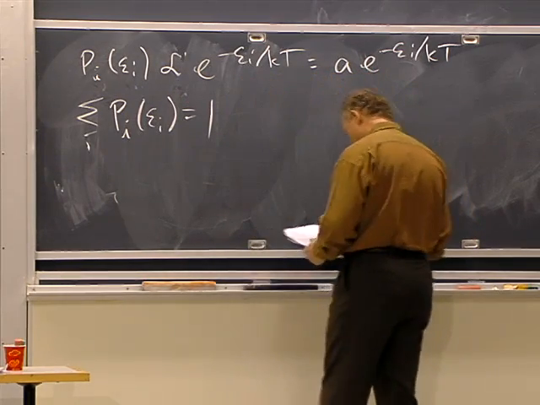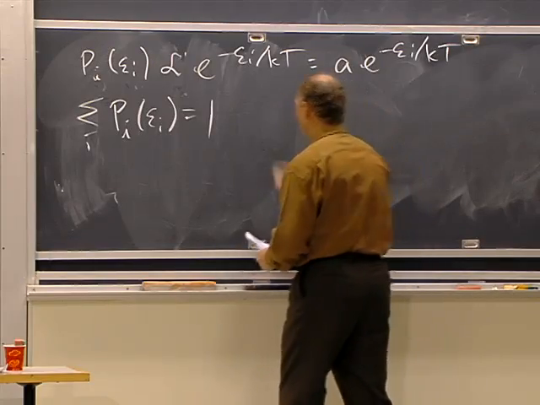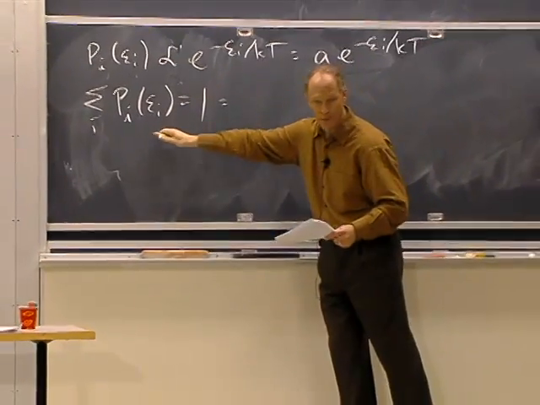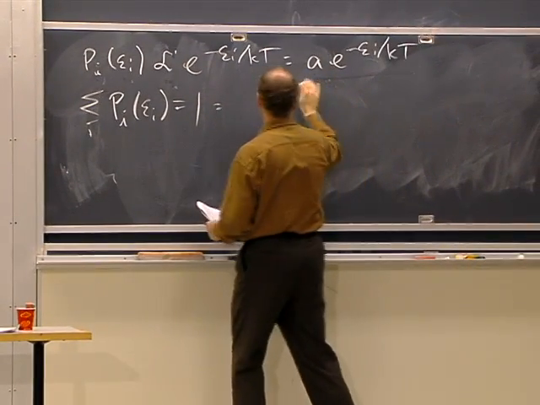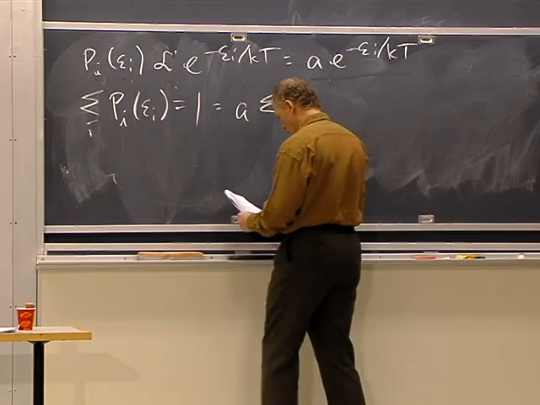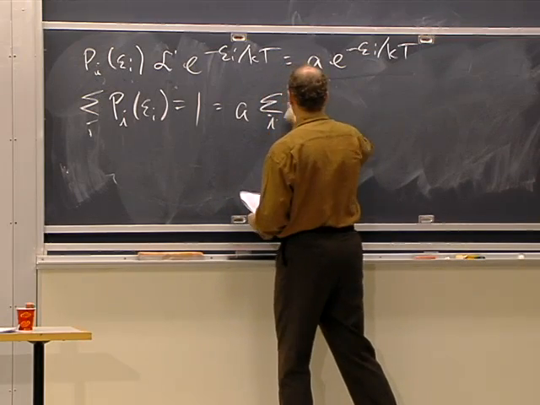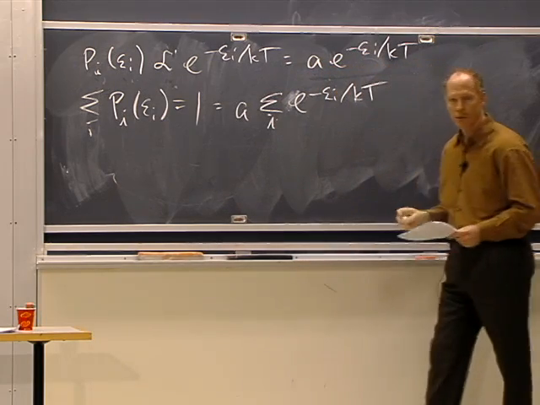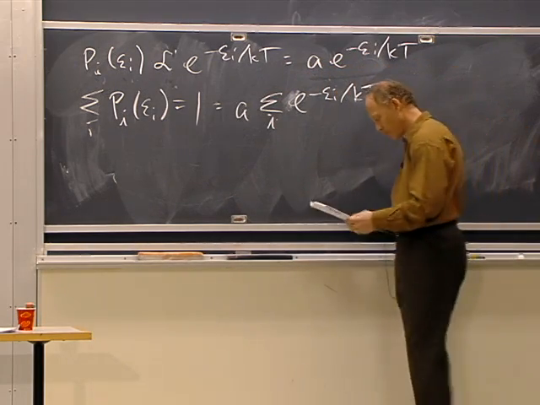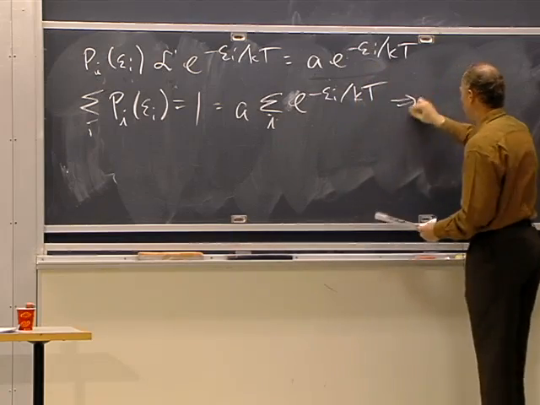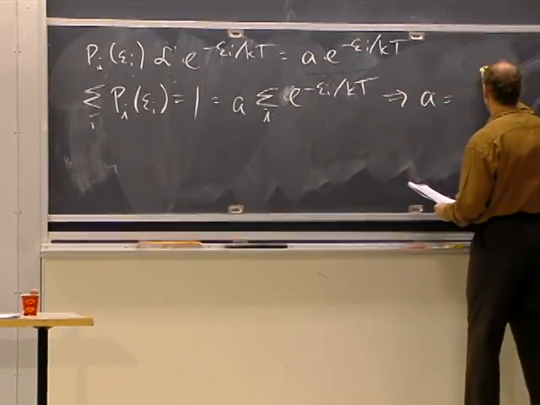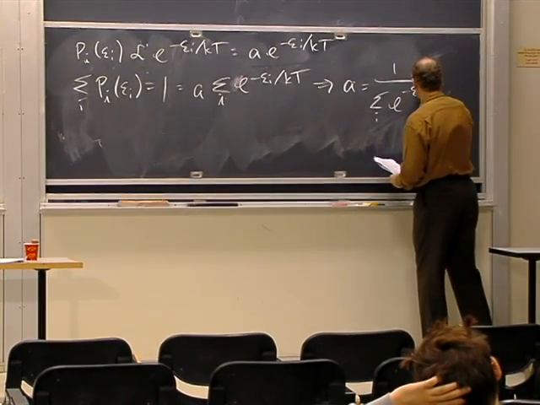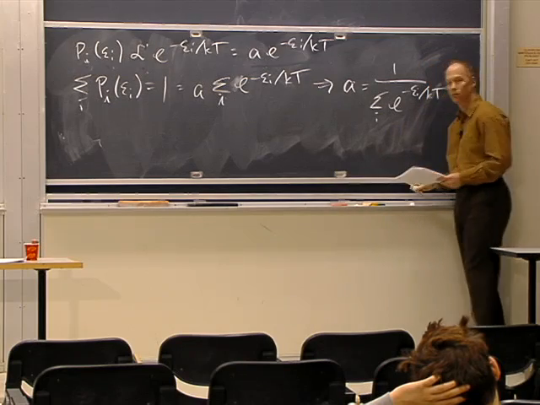Now, this is our expression for all those pi's, so let's write it that way. A is just a constant times the sum over all the I's of e to the minus EI over KT. And so there it is: A is equal to 1 over the sum over I of e to the minus EI over KT.